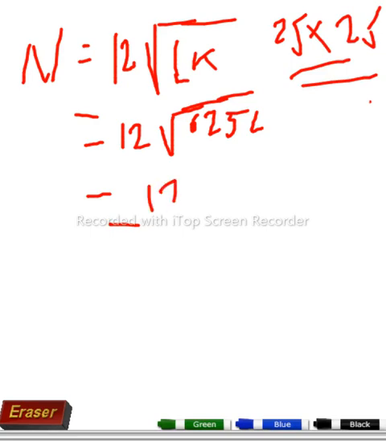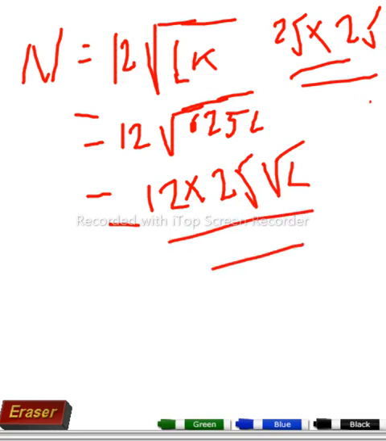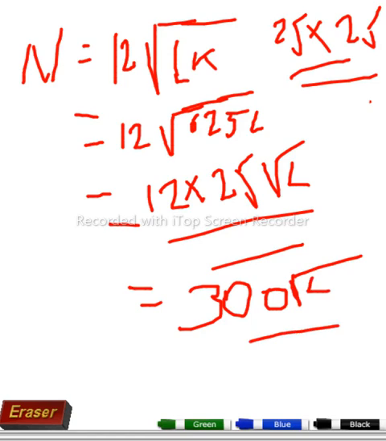So 12 times 25 under the radical. When we multiply 12 by 25 we get 300. So 300 square root of L. This is the final answer for this equation.